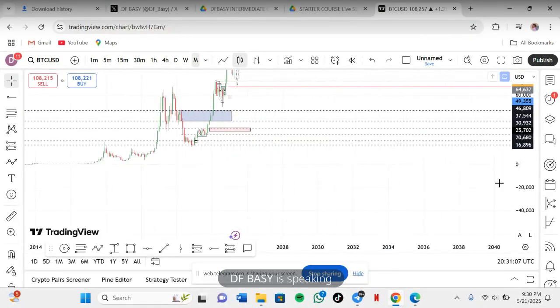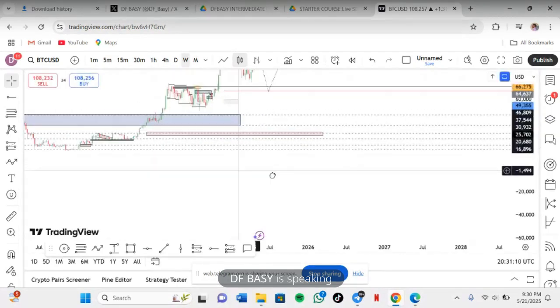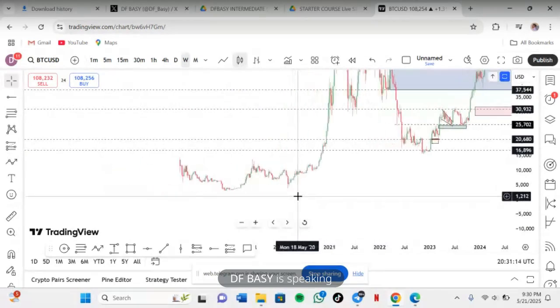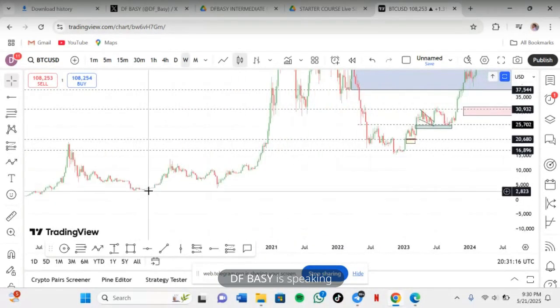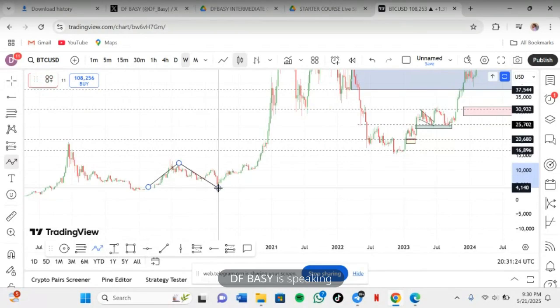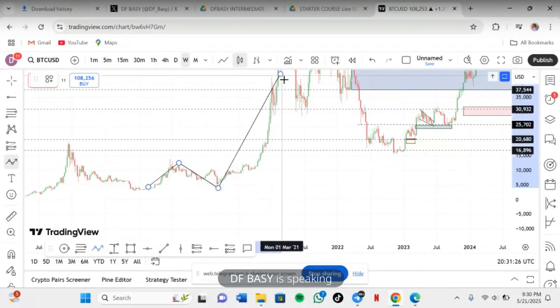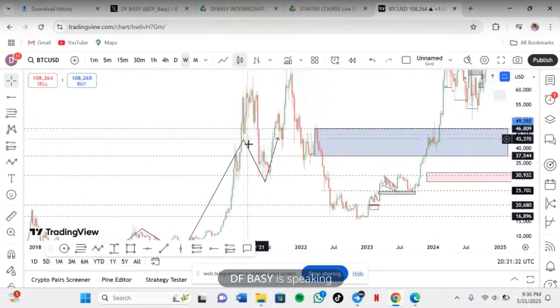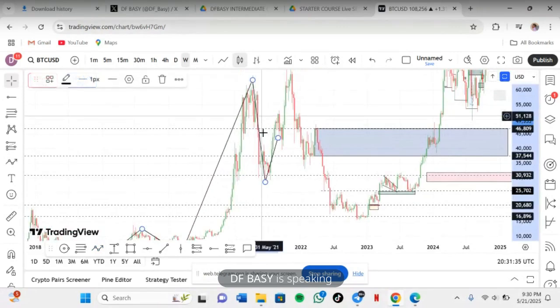So let me explain. Now this is the Bitcoin chart. You look at it, the market came from here, came down, went up, all the way up, came down, went all the way up here.